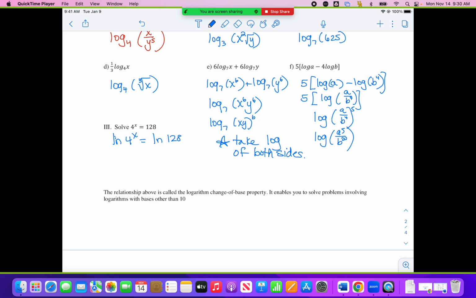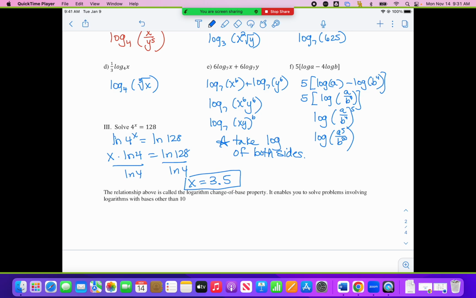So on the left side, now that we know the power property, guess what I can do? I can bring the power down and then divide both sides by the natural log of 4. And if I used my calculator, I get 3.5.